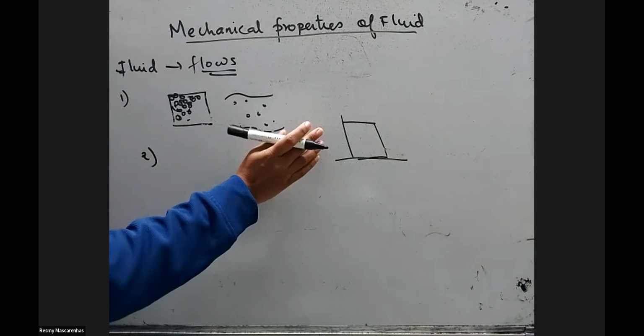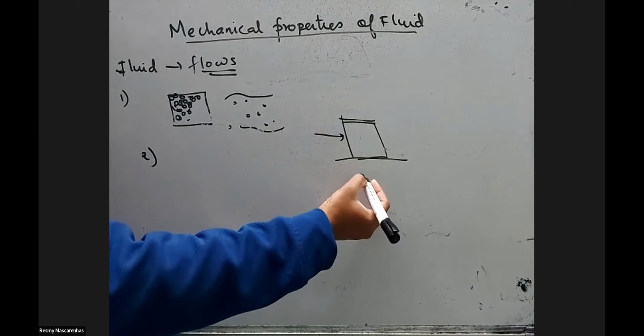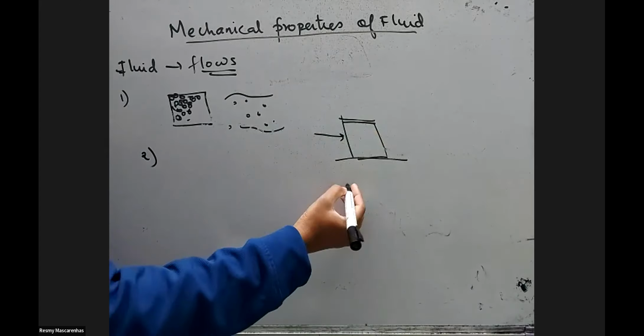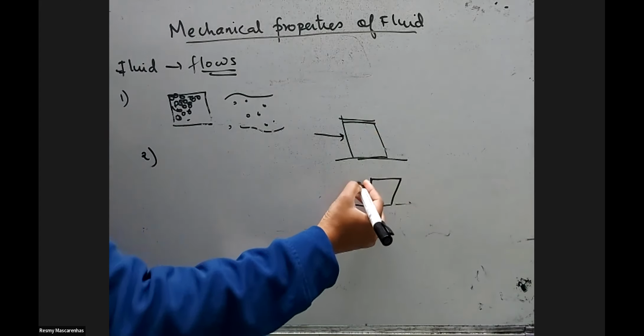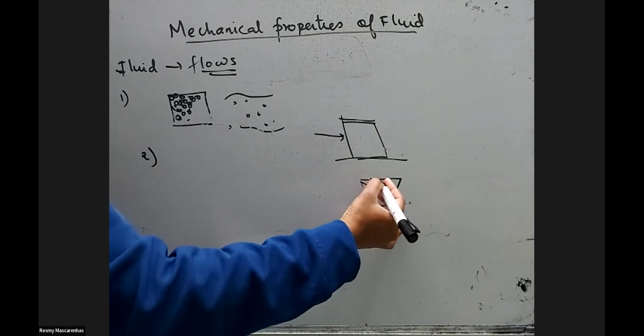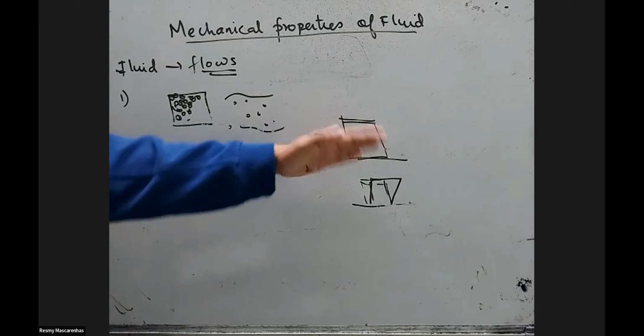Shear stress means, if there's a box, and you apply a force, the box will slightly bend from the original place. So that is called a shear or tangential force on one of its faces.